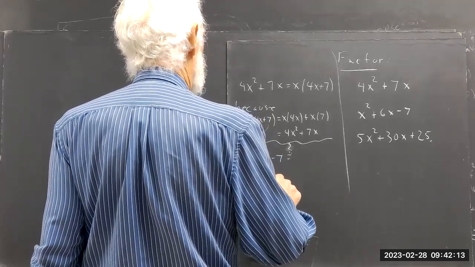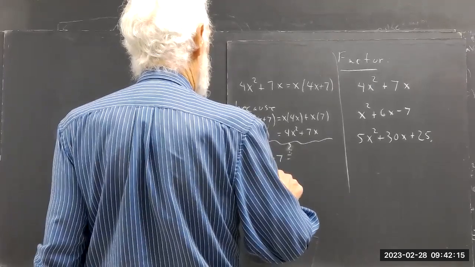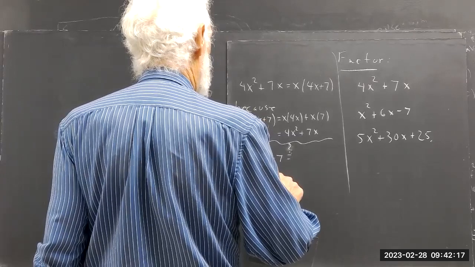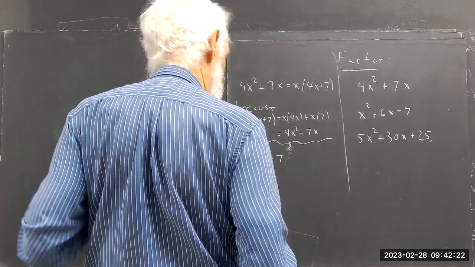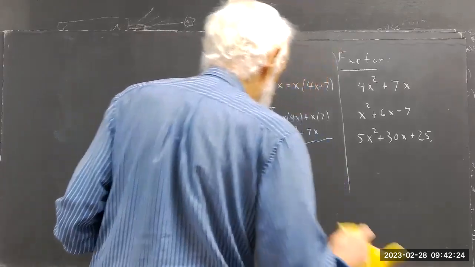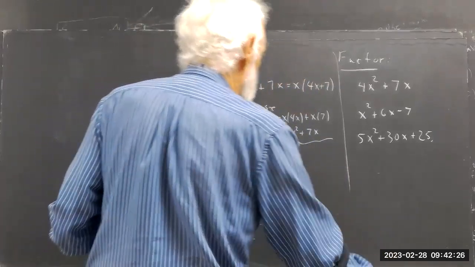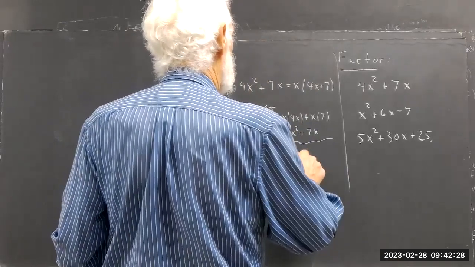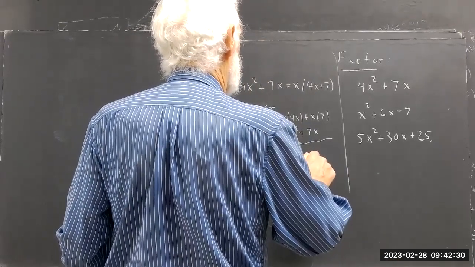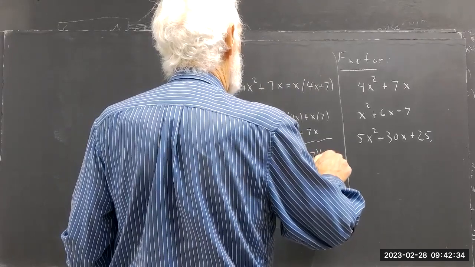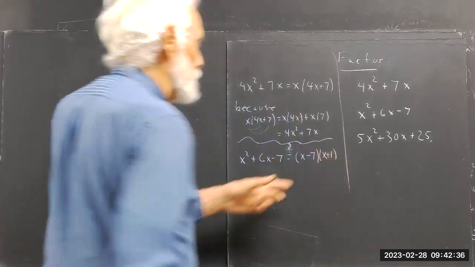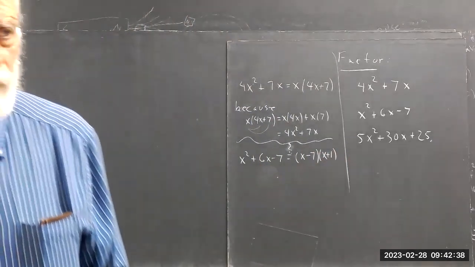Maybe it's x squared... actually I gave you a prime number there. It wasn't a good example. Well, we're just going to verify it. Is this equal to x minus 7 times x plus 1?